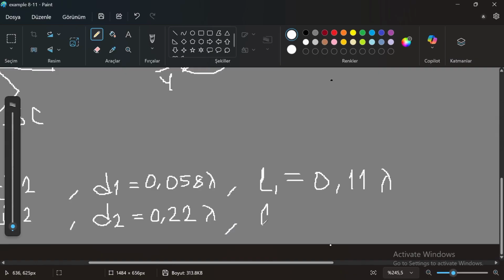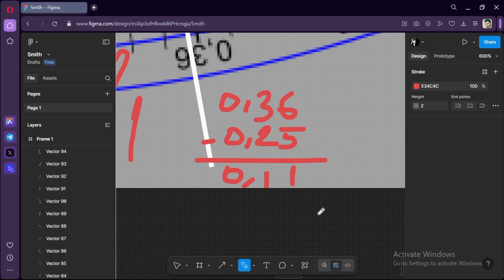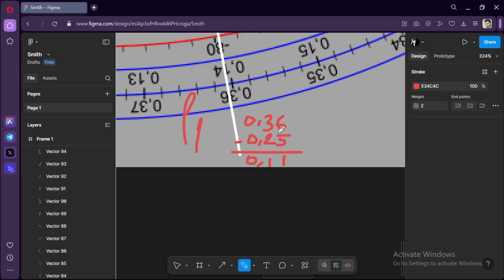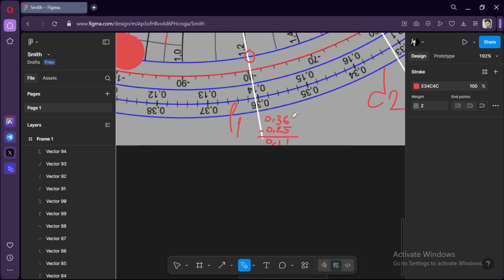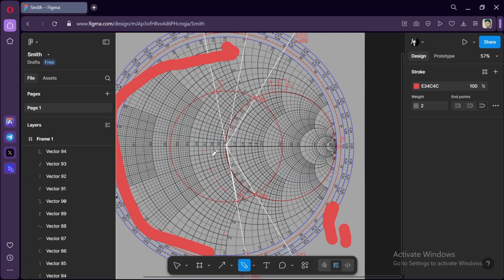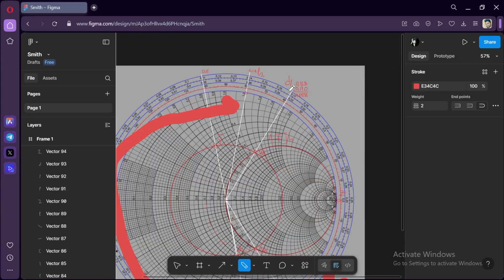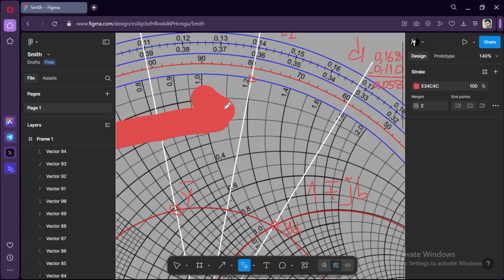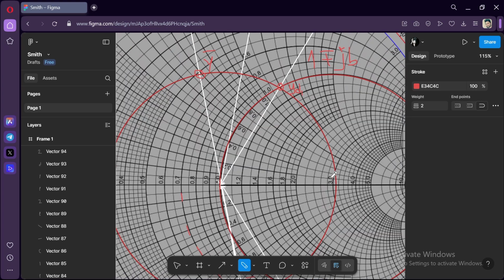L2, again from the short circuit until the plus j 1.2 here. How to find this distance?